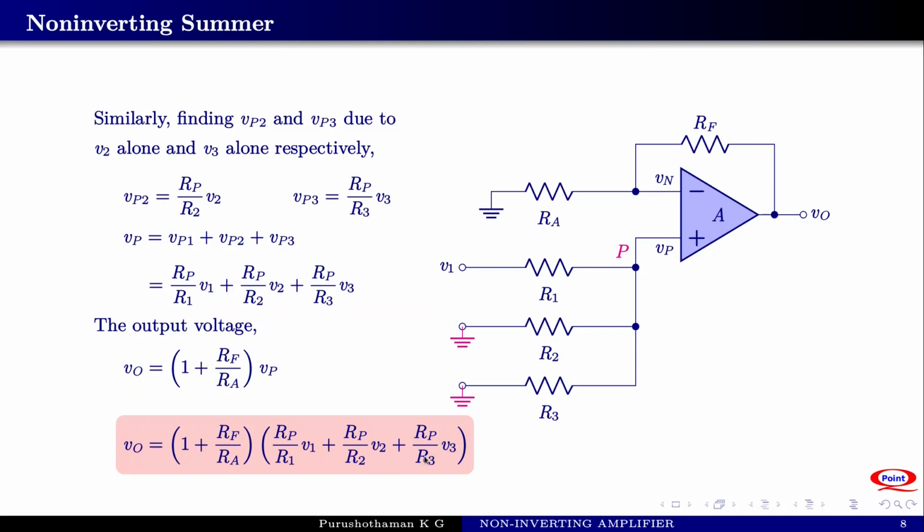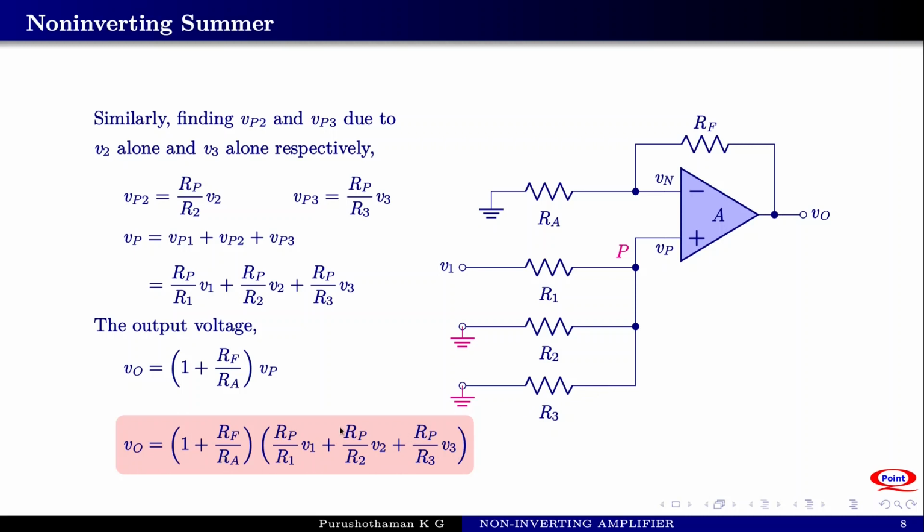If there are in general n voltage sources and n resistances, still the expression has the same form, Rp by R1 V1 plus Rp by R2 V2 plus etc. plus Rp by Rn Vn, where now Rp is the effective value of the parallel combination of the n resistors.